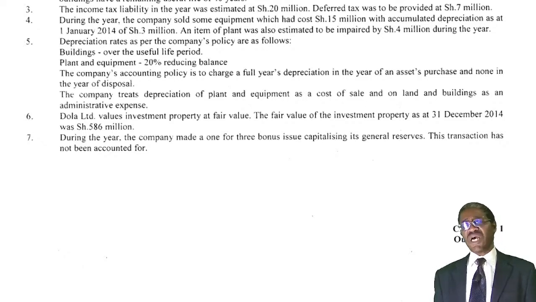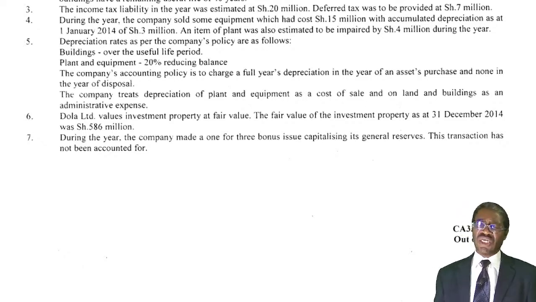The company's accounting policy is to charge a full year's depreciation in the year of purchase of assets, and none in the year of disposal. The company treats depreciation of plant and equipment as a cost of sale, and on land and building as an administrative expense.